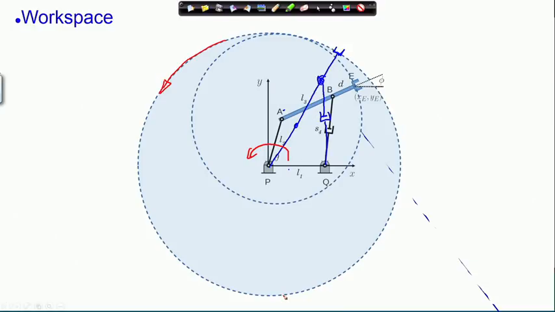Of course, with joint limits or actuator limits, this workspace is going to get more complicated and will be reduced, which you can find out based on geometry.